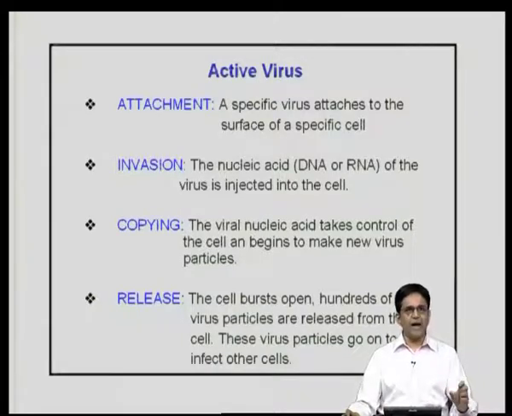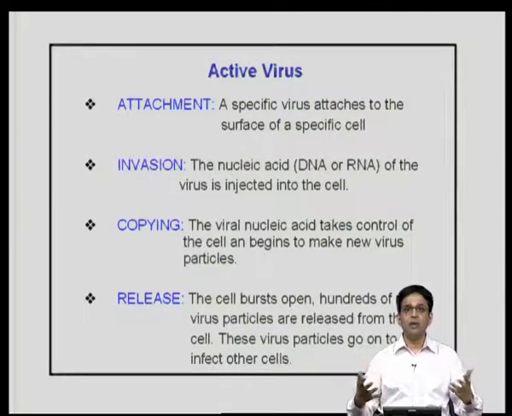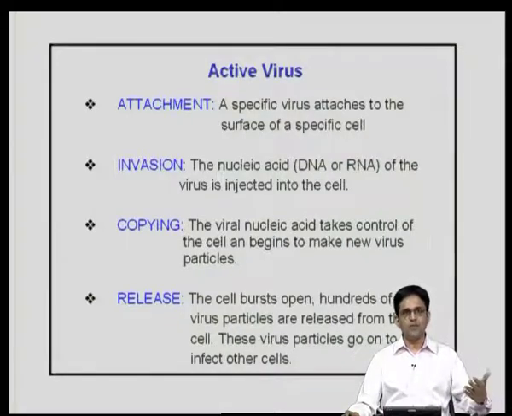Now, after attaching and entry, the DNA or RNA, whatever type the virus belongs to, is injected into the cell. You need to copy, and as I have said, copying is very important because replication is the hallmark of life. Viral nucleic acids take control and begin to make new virus particles. If it is RNA, then it is converted into DNA and then back into RNA and ultimately into proteins, and if it is DNA, then into RNA and then into proteins.